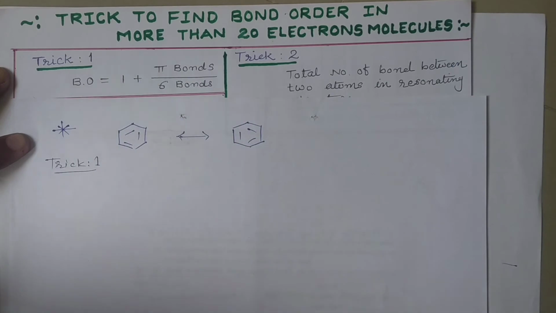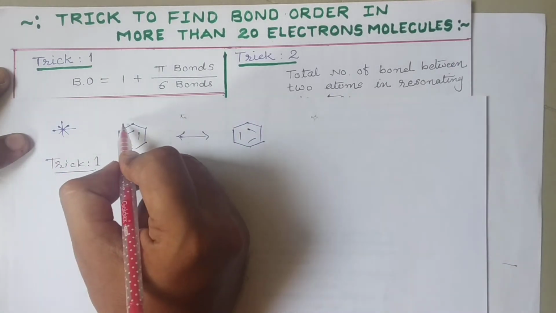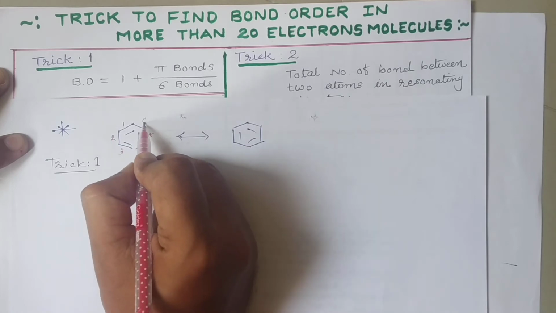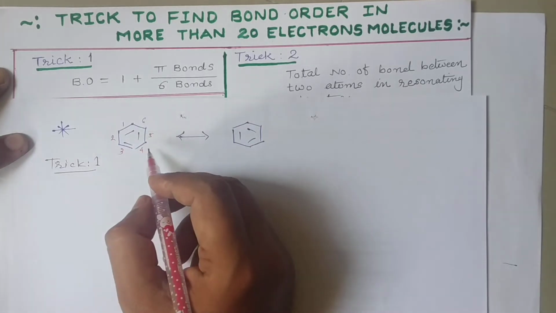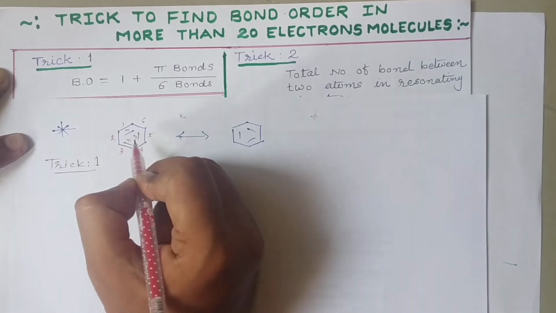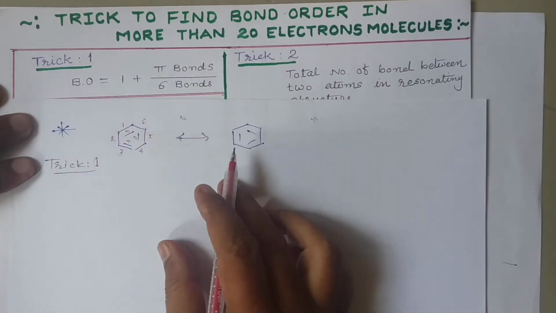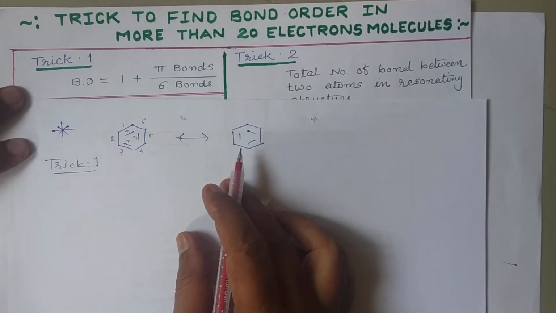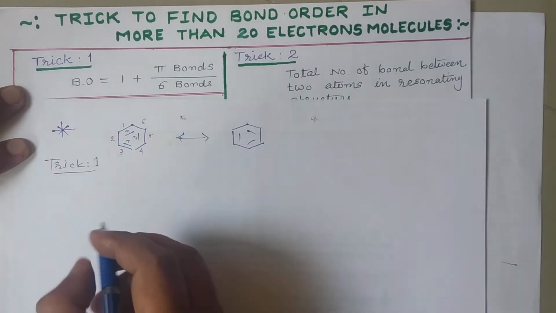If we observe the structure of benzene, this is 1, 2, 3, 4, 5 and 6. 6 sigma bonds are there, and these are the pi bonds. So the number of pi bonds in benzene is 3, and the number of sigma bonds in benzene is 6. Now bond order.